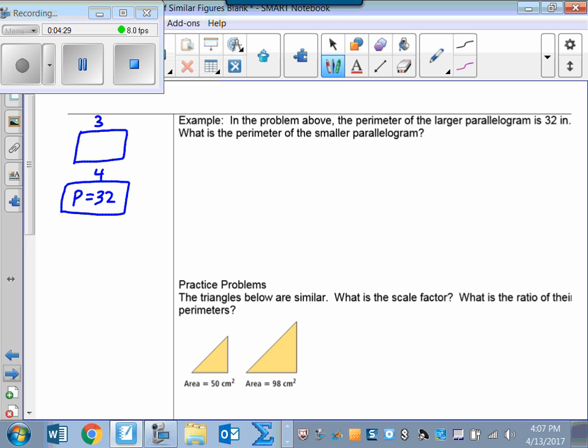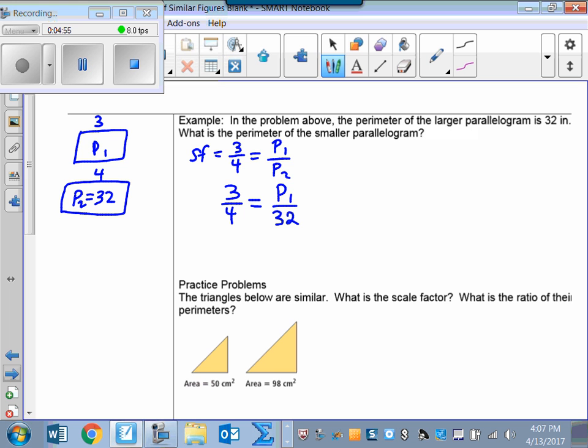Well, let's see here. I know the scale factor is 3 to 4, and I know that's also the ratio of the perimeters. That's P1 over P2. So let's plug in what we know is the perimeter of the second one. That's P1 over 32.